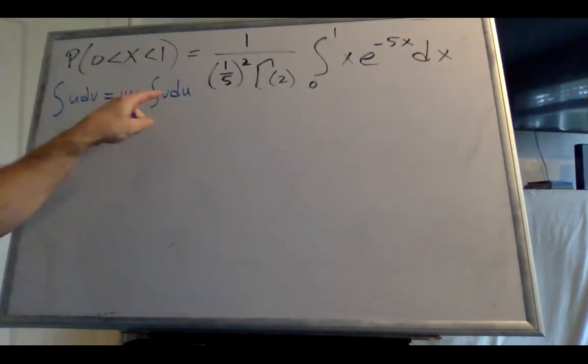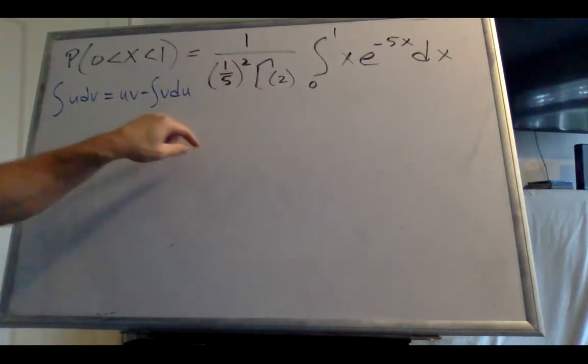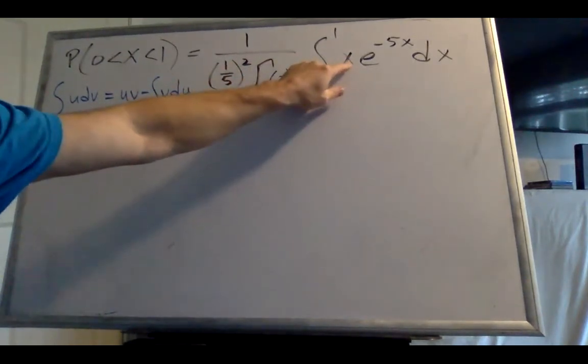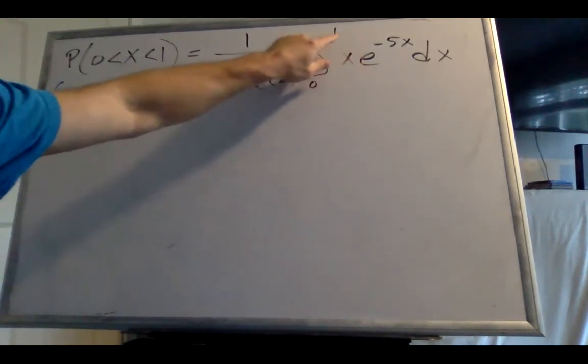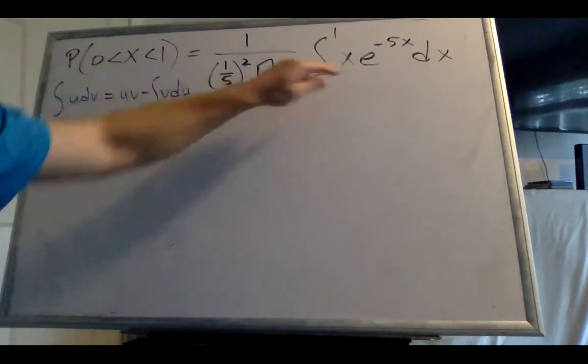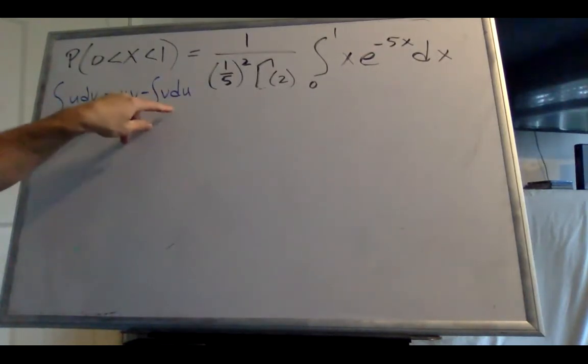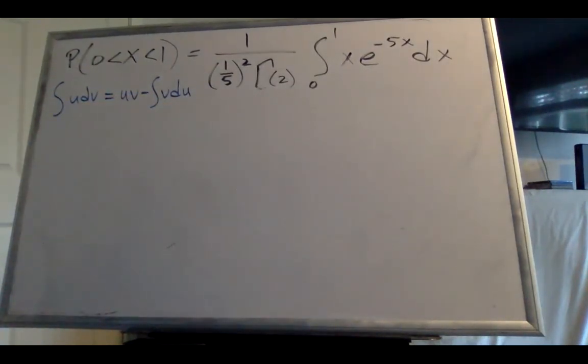And actually what it ends up doing, typically, if we are in a situation where we can do this, is it ends up giving us an integral where it reduces the power on the algebraic expression by 1, and thus it would be an integral that we know how to do versus an integral that we can't do. But the trick in this is to pick u and dv, remember from Calc 2, in such a way that we can create v and du.